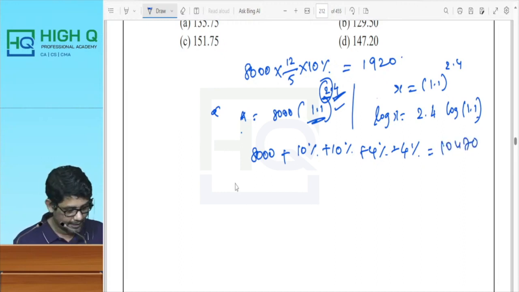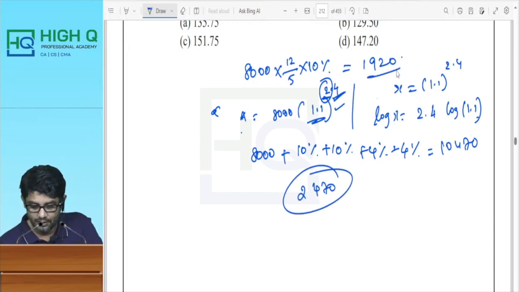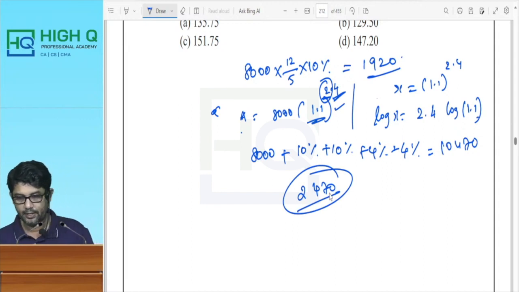So minus 8,000. 2,470. So what is the difference between these two? Oh, it's a big number we are getting.